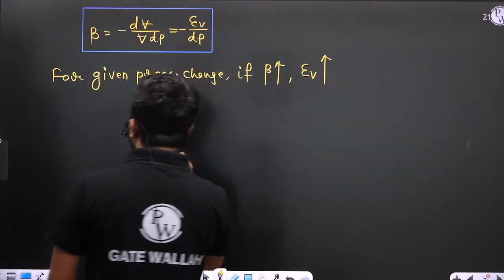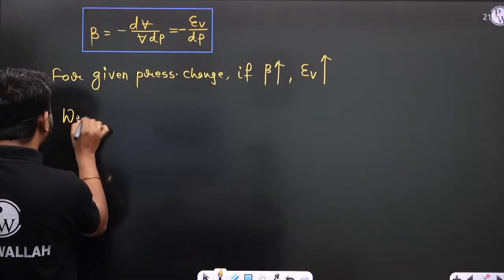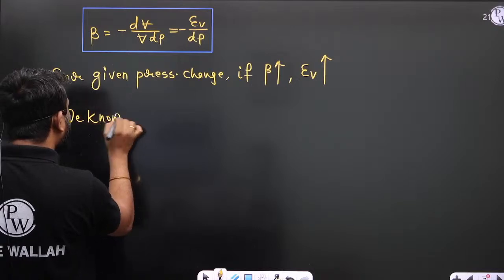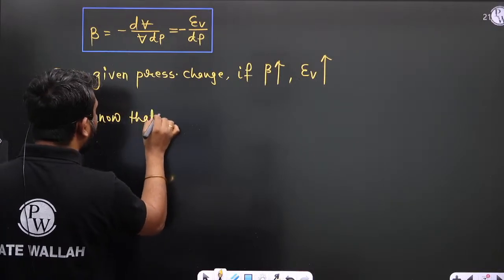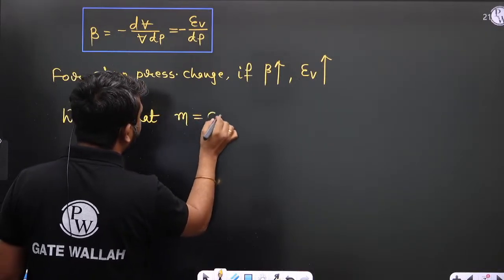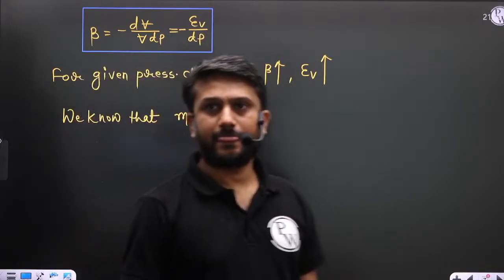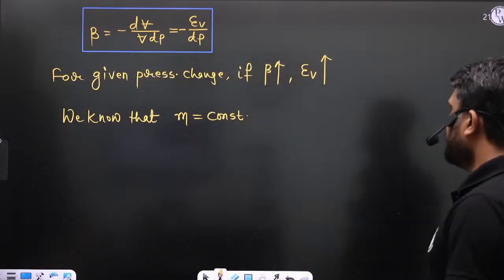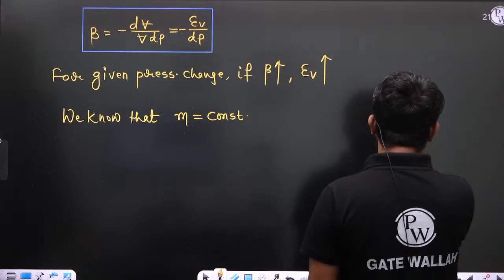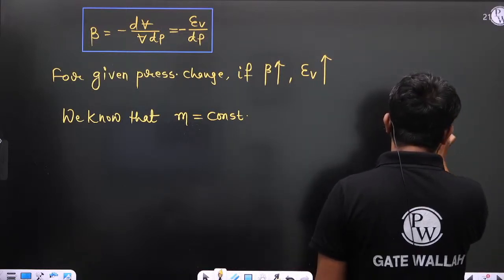So we know that the mass of the fluid is constant. And you remember mass density, right? The mass density is nothing but the mass per unit volume.